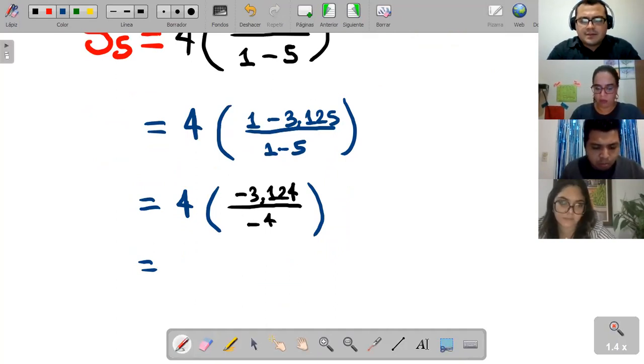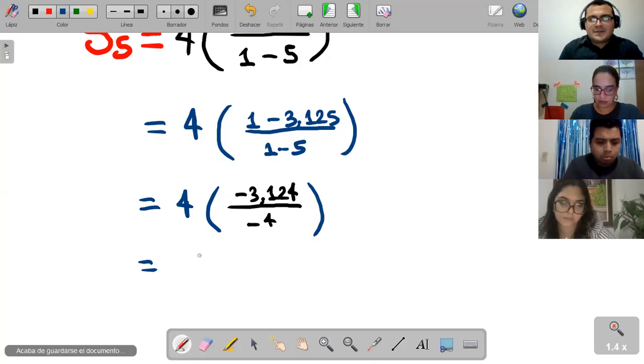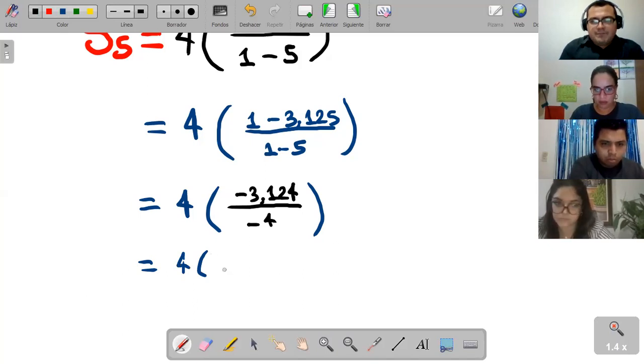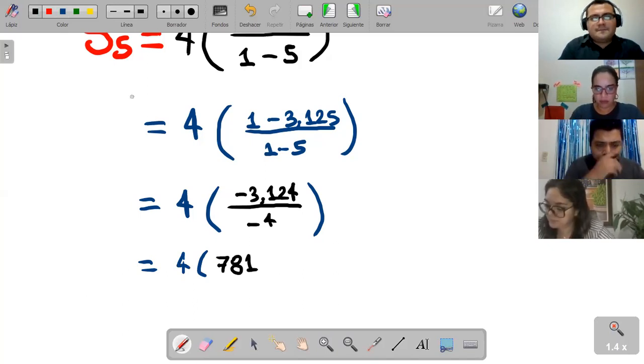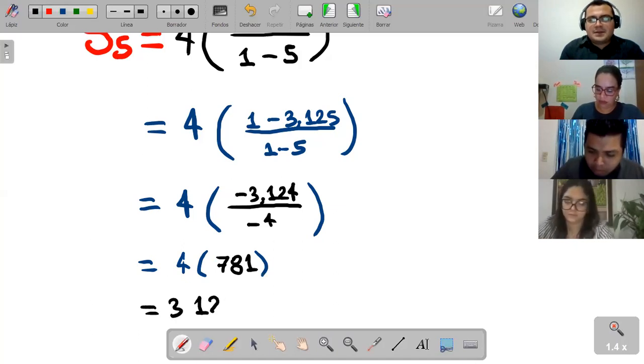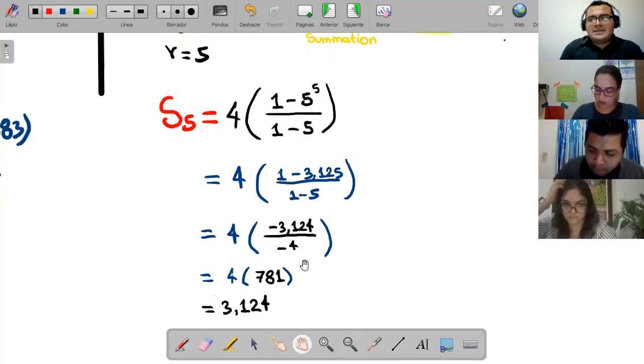It becomes positive, and it is 781. So we multiply 4 times 781. That's 3,124, and that's the summation of this geometric sequence of the first 5 values.